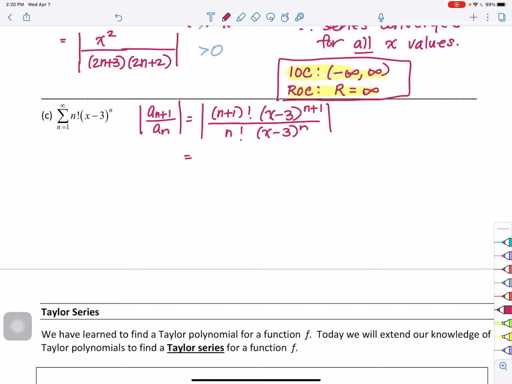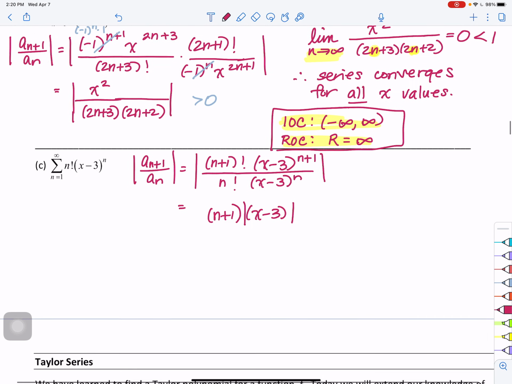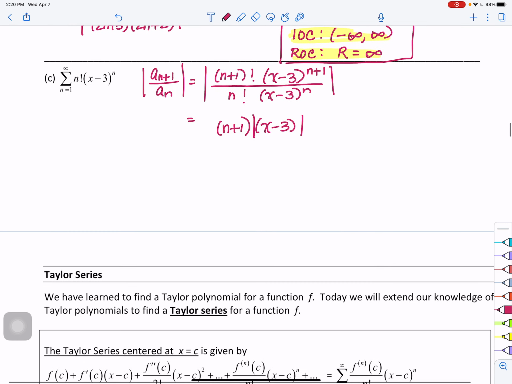So we end up with the absolute value, and n plus 1 factorial divided by n factorial is n plus 1. And then we have 1 x minus 3 term remaining. Now, I want to show you something. N plus 1 doesn't need absolute values on it, but the absolute value of x minus 3 does, okay? Because n is going from 1 to infinity. So that's pretty important here, okay?